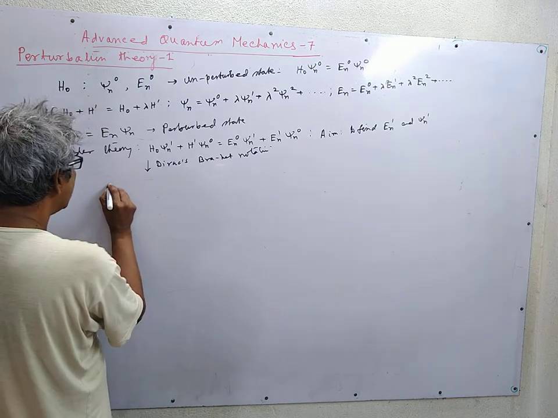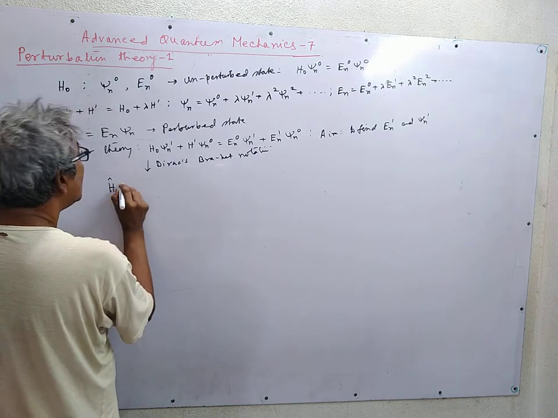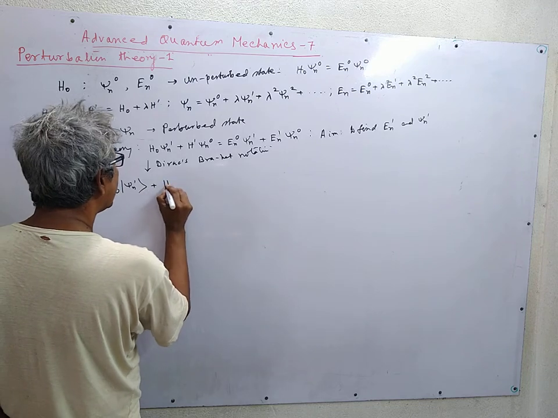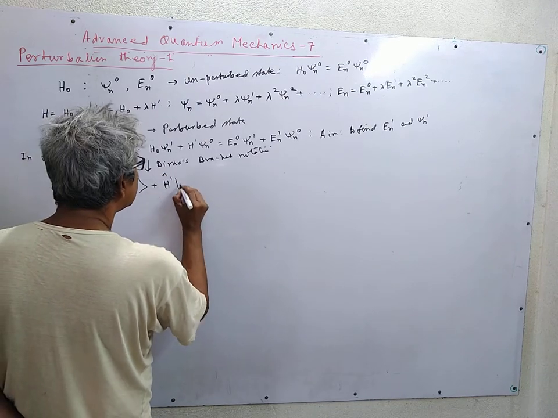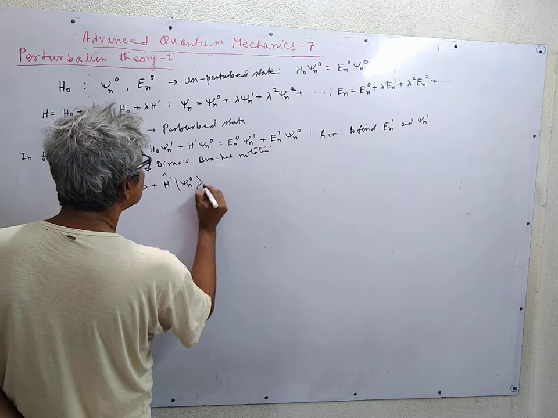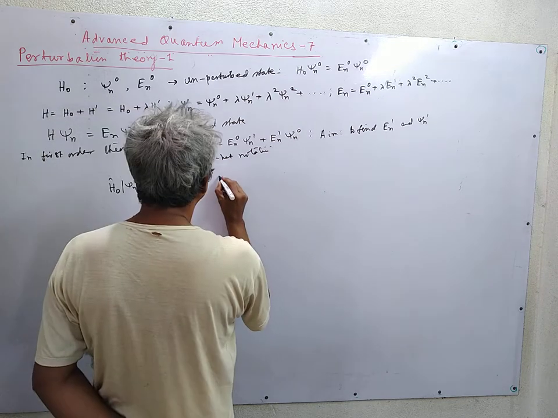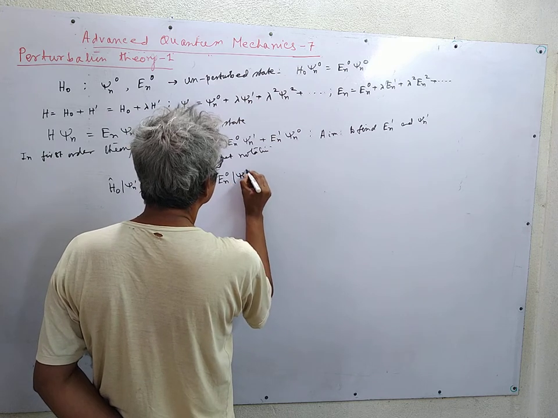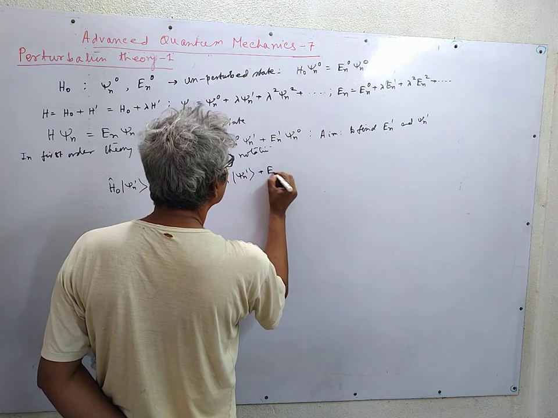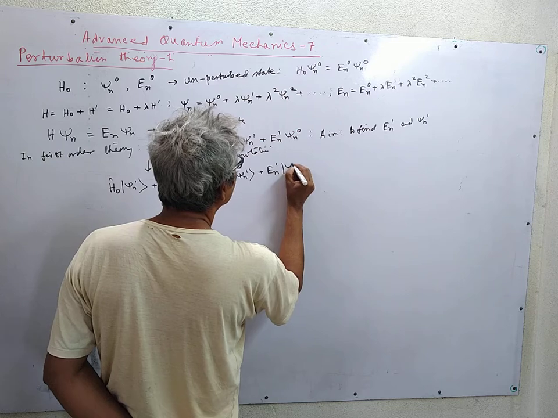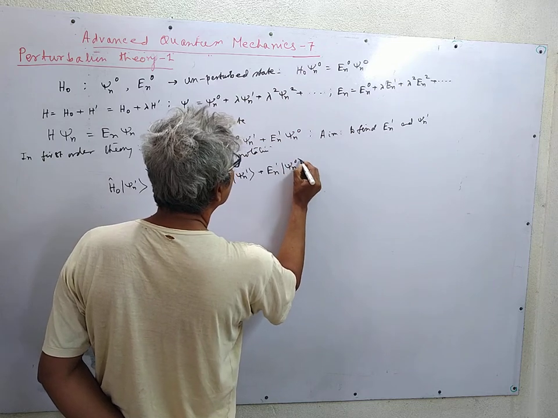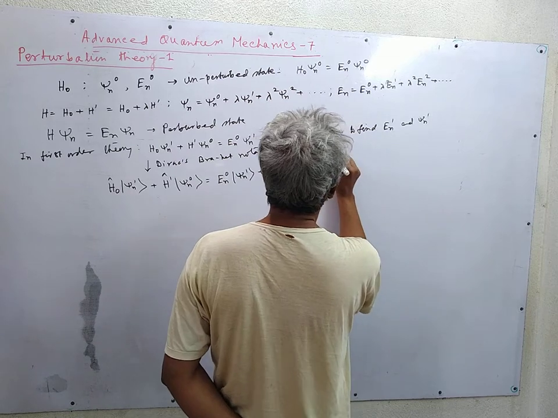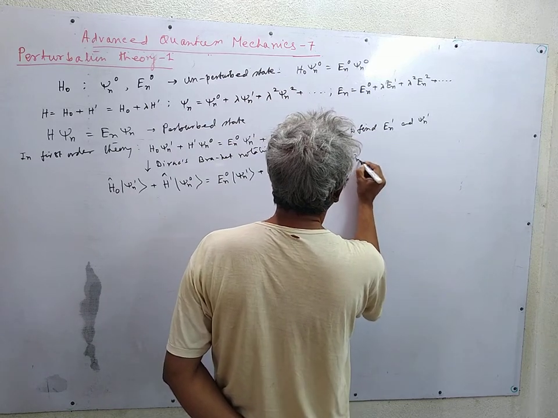In Dirac's notation, this equation becomes H0 operating on psi n1 plus H prime psi n0 is equal to En0 psi n1 plus En1 psi n0, with the original H0, the unperturbed set.